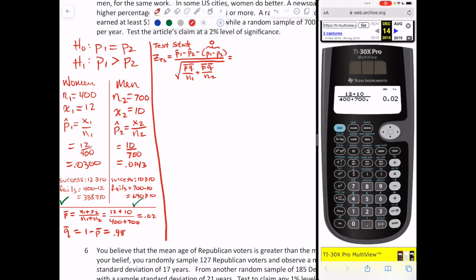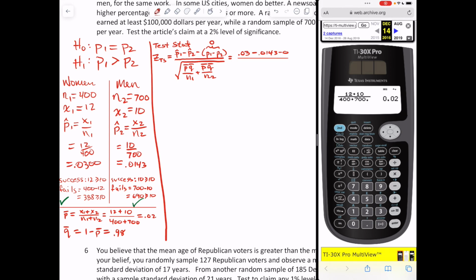All right, so for the test statistic, we're going to go ahead and do our p hat 1, which is 0.0300. I'll just write 03 here. Then minus the p hat 2, that's the 0.0143. And then minus the 0, which has no bearing on the answer.